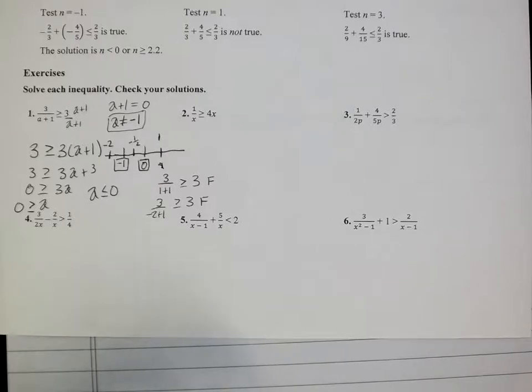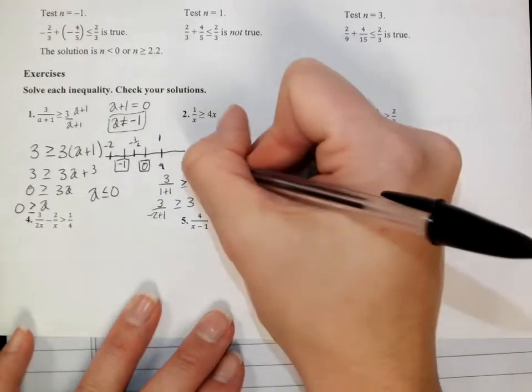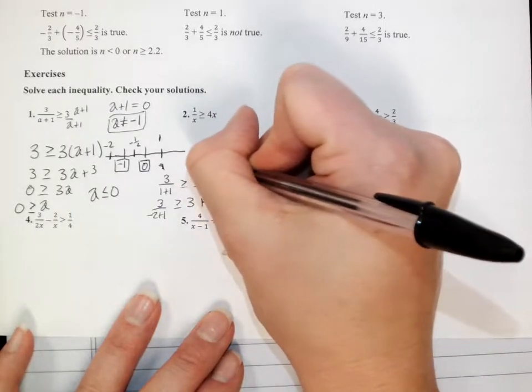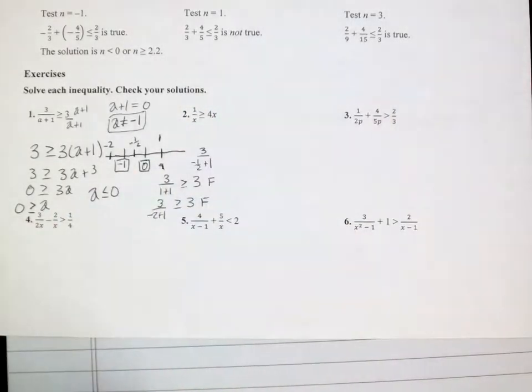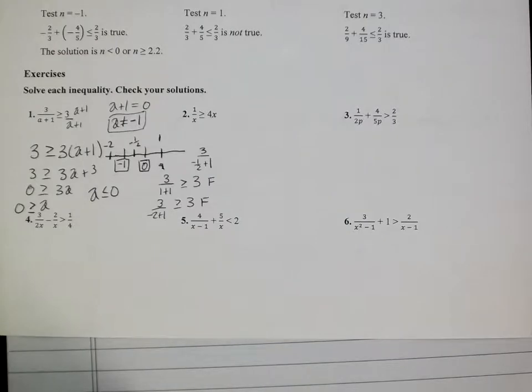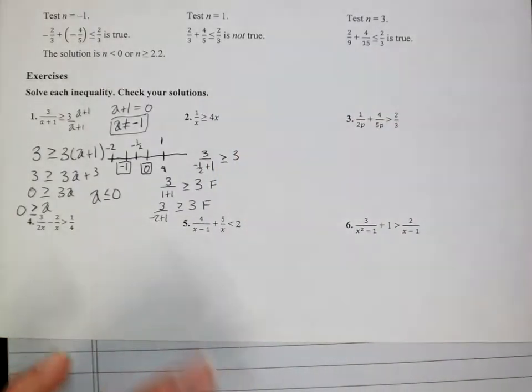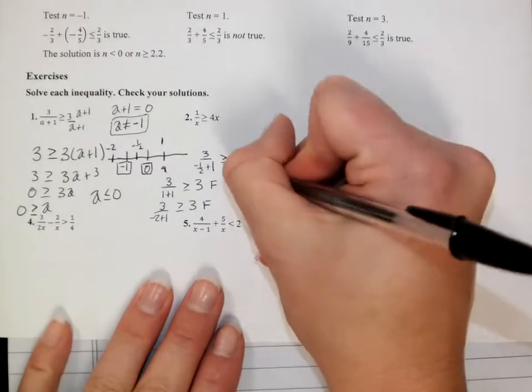That is a pretty good indicator that the middle is going to be what makes it true. But we'll go ahead and check it out. 3 over negative 1/2 plus 1. Well, negative 1/2 plus 1 is 1/2. 3 divided by 1/2, if you think about it for a minute, is actually 6. If I have 3 things and I cut them in halves, I have 6 pieces. Is 6 greater than 3? This is true.